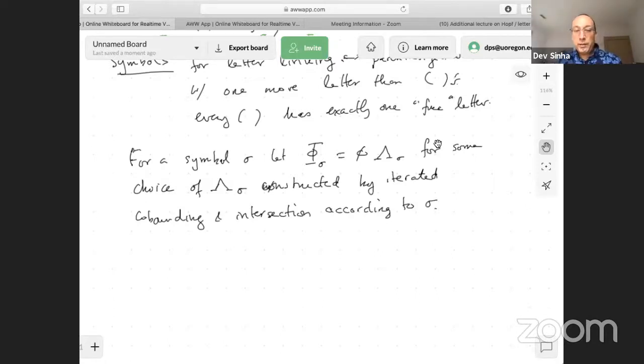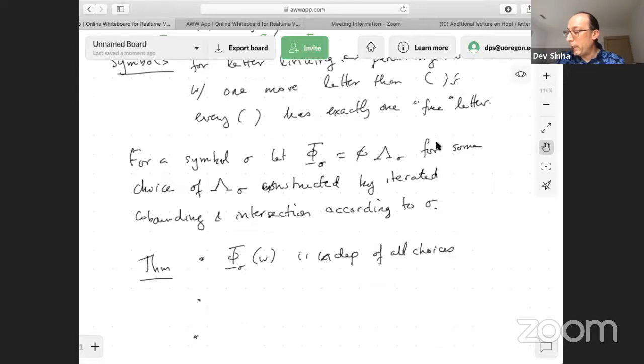And then the main theorems are, first, that this is independent of all choices. And that's both on the phi sigma side, the co-boundings, et cetera, and also on the W side.